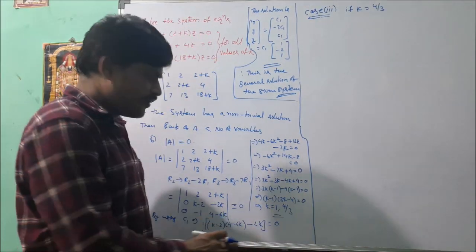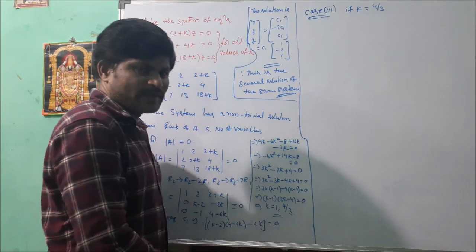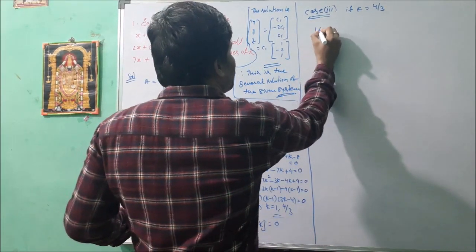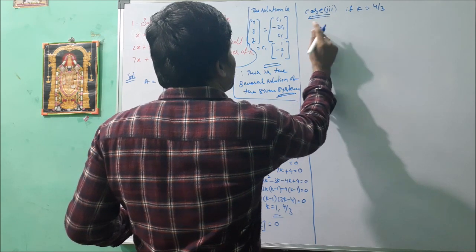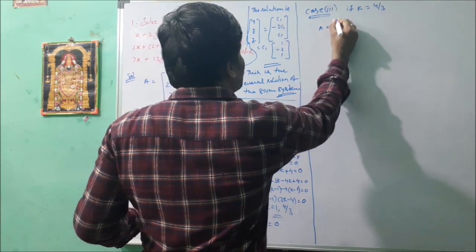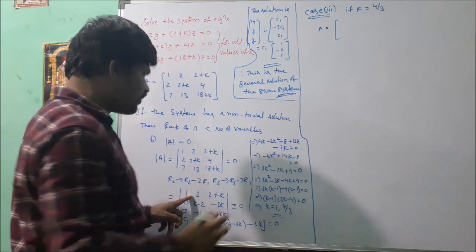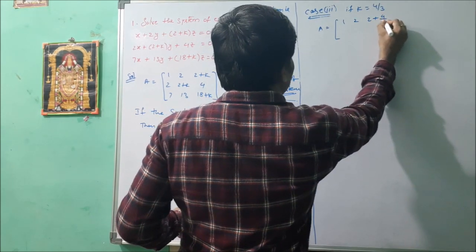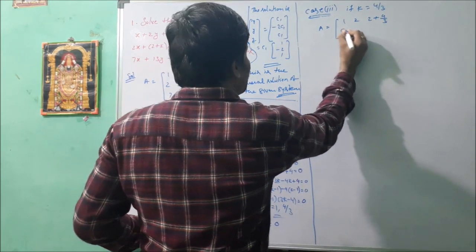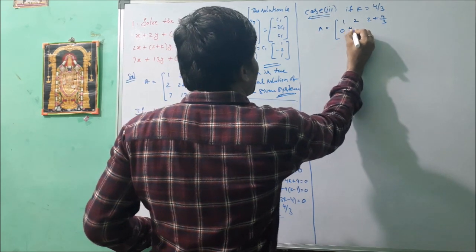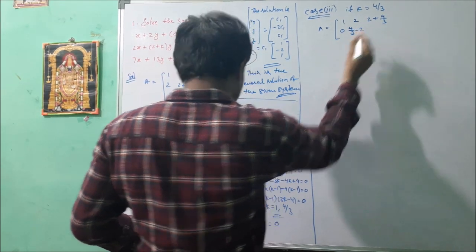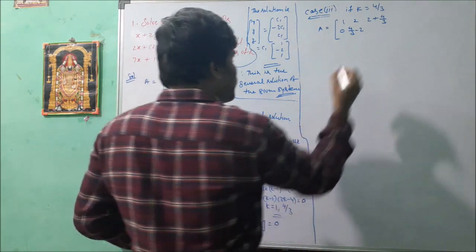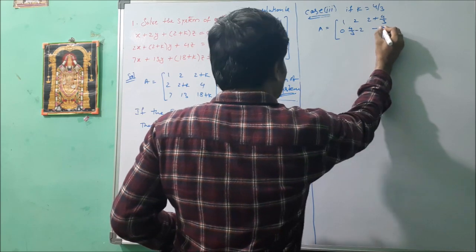Now in case 3, we take the value of k as 4 by 3. So k equals 4 by 3. The coefficient matrix can be reduced to A equals, here we observe the first row is 1, 2, 2 plus 4 by 3. Second row 0, k minus 2, replace k value: 4 by 3 minus 2, and minus 2 into 4 by 3, minus 8 by 3.